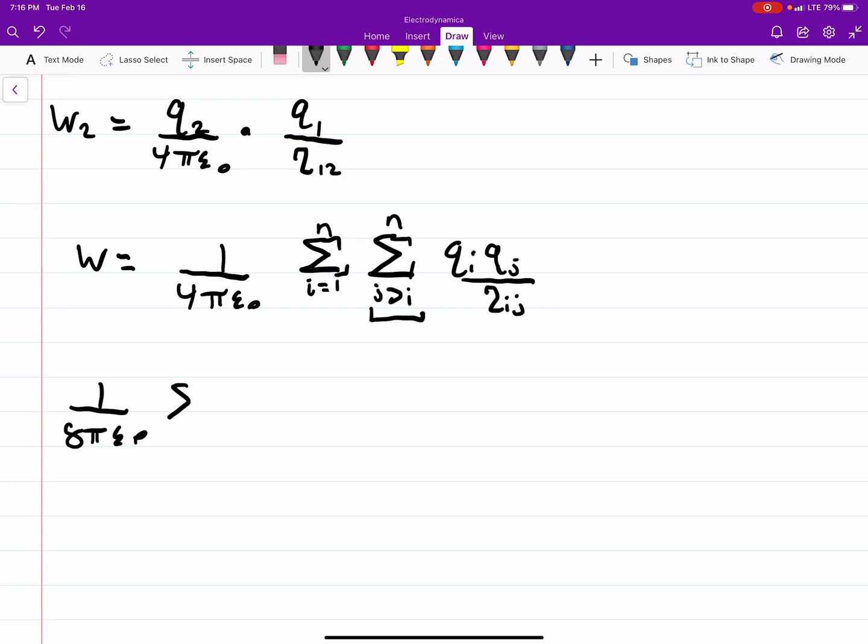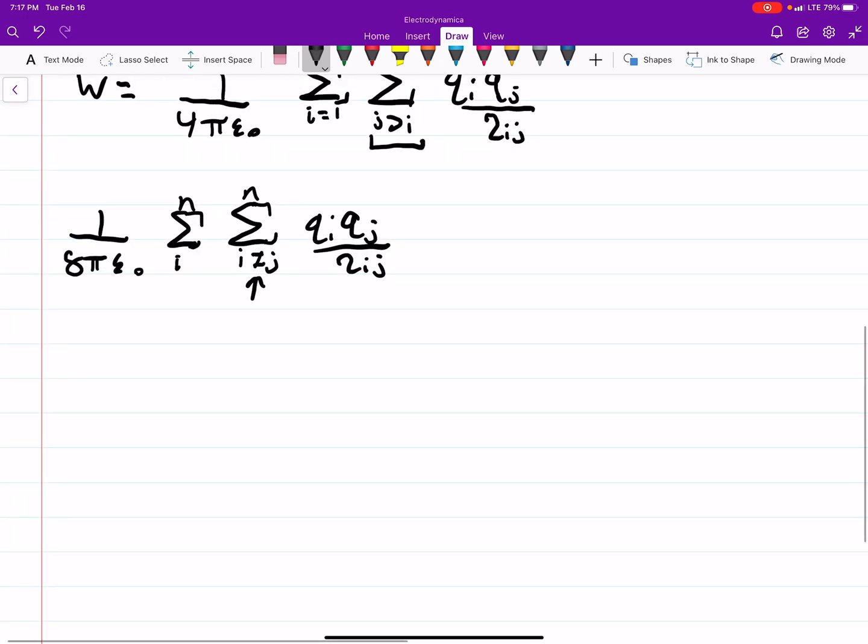We still have our 4 pi epsilon naught, i to n. The only thing this is doing now is that i can't be j, because a charge isn't going to do work on itself. That doesn't make a whole lot of sense, but that's all that's doing.